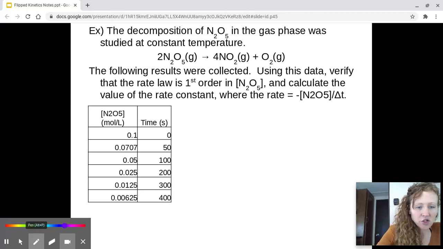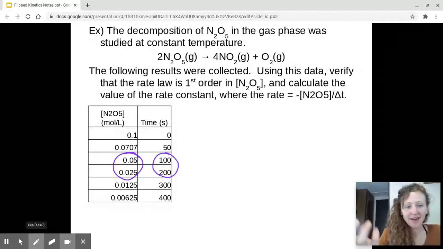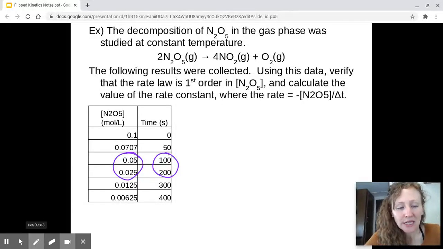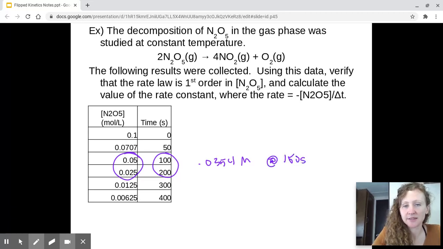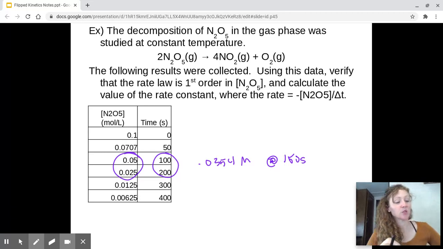Okay, so our answer should be in between these two. Okay, 0.03 would be reasonable. So the concentration is 0.0354 at 150 seconds.